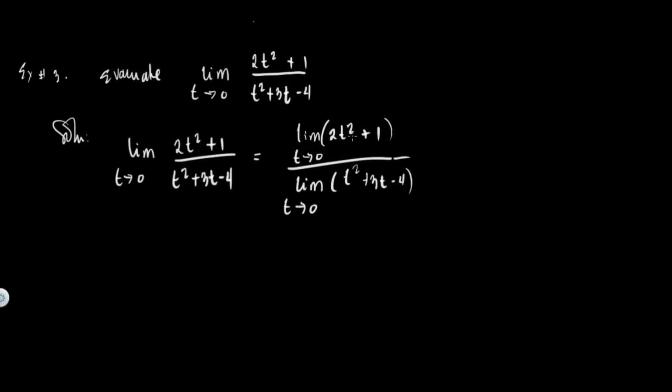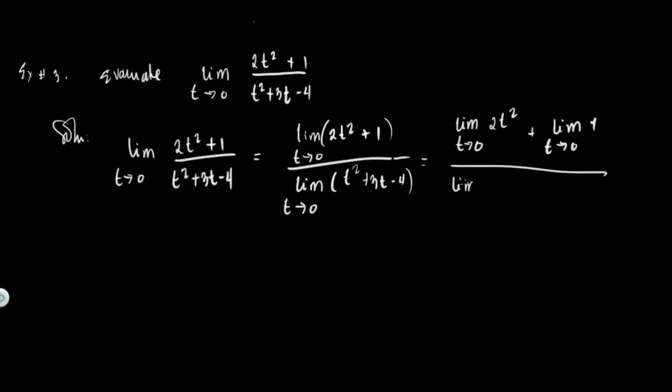Now, itong numerator natin, yung 2t squared plus 1. So, yung 2t squared, kung mapapansin mo ito, ay sum, 2t squared plus 1. So, pwede mo rin siyang expand, no? Like this, para ma-apply natin yung mga theorems. So, that is the limit of 2t squared as t approaches 0 plus limit of 1 as t approaches 0. Okay? Then, all over, ito, sum din.